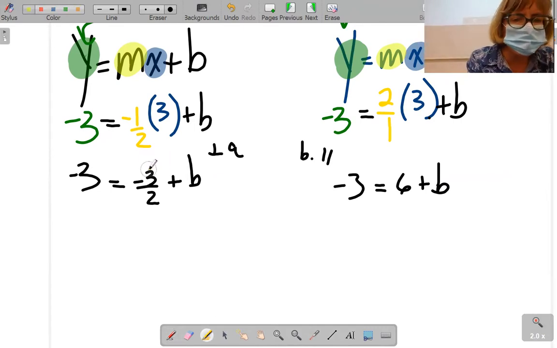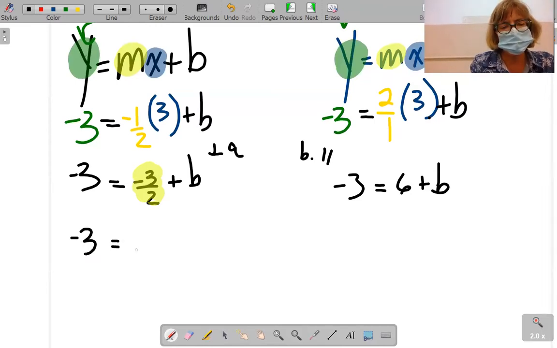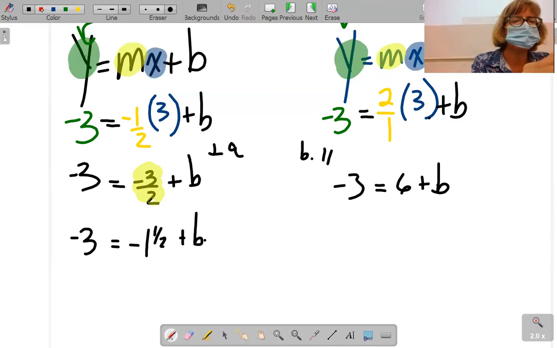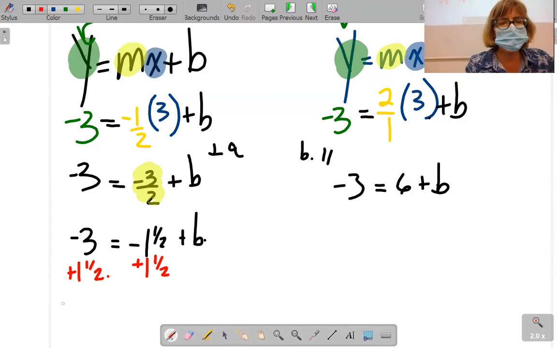Obviously, life gets a little interesting here, so it's probably easier to change that into a mixed number. So -3, that's going to be -1.5 plus b. So we're going to add 1.5. And basically this is a subtraction problem.